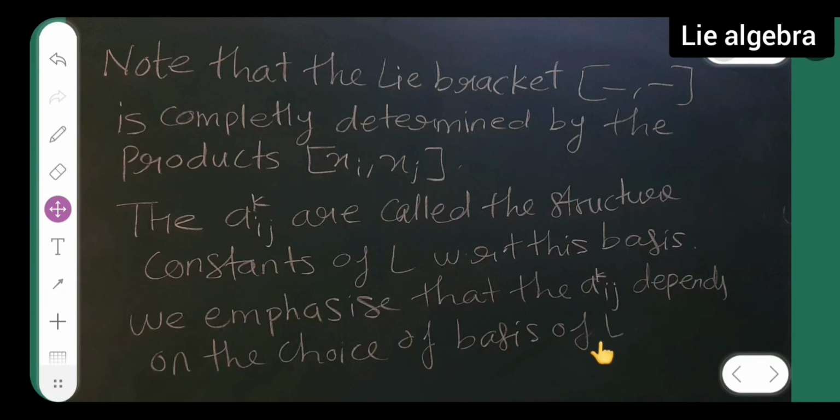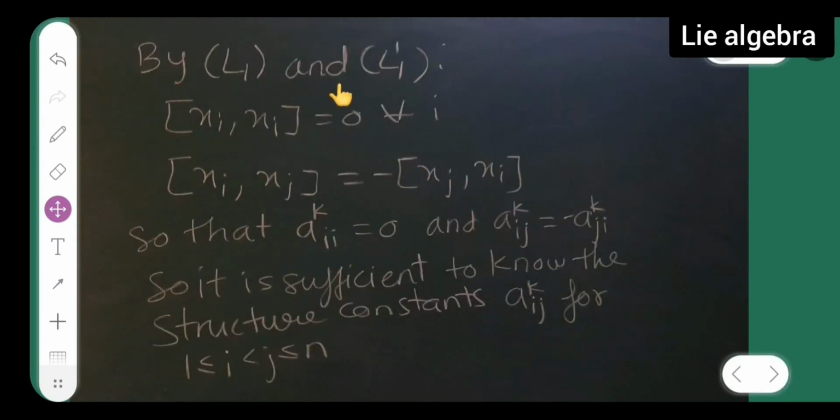Now I'll turn the page. By L1 and L1 dash. Now what is my L1? That is from alternativity which I have taken: xi comma xi is equal to 0 for all i.